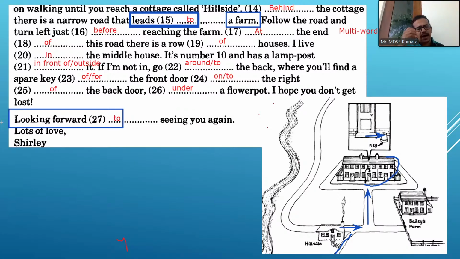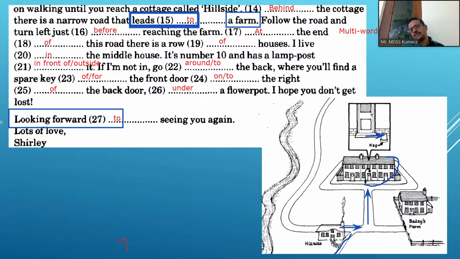Also, the other rule regarding this one is, if you are using a verb after this preposition, okay, now you are learning new things here. What you have learned in schools is maybe okay, but in the university you are learning new things.